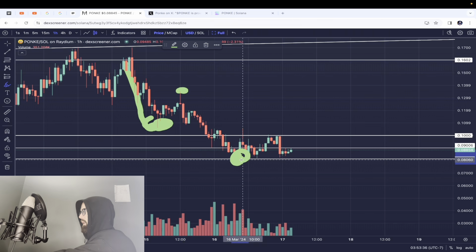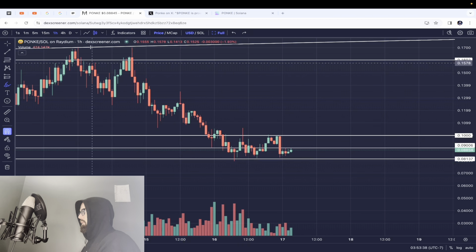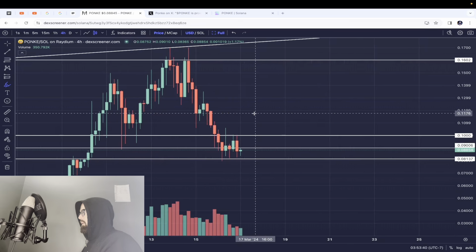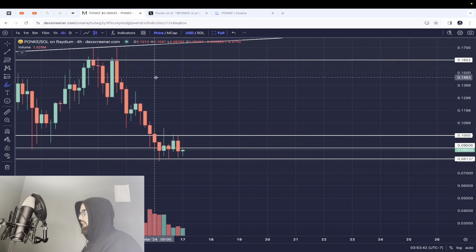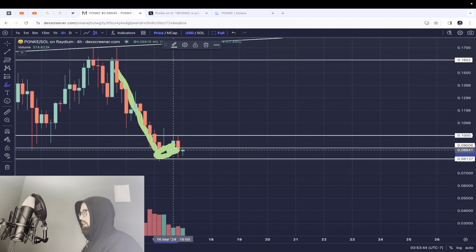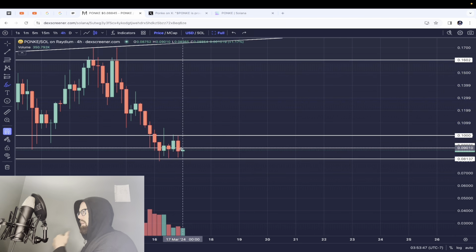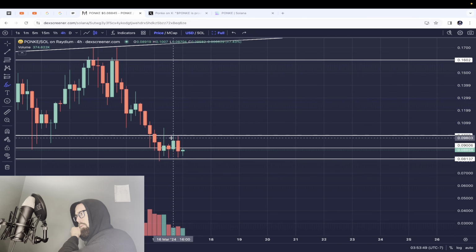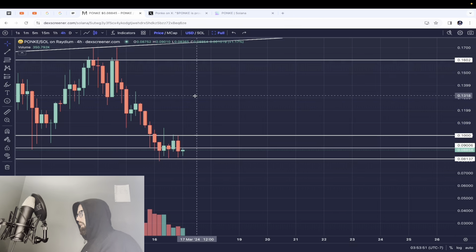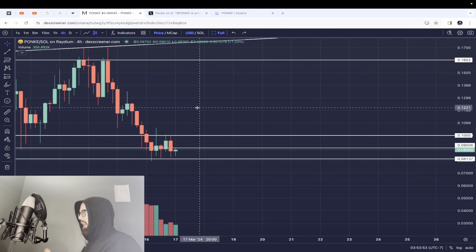And then the lower low right here. If you look at it on the 4-hour, it just looks like it went straight to a lower low right here. So it depends on what time frame you're looking at. I like to look at the 4-hour and the daily, unless I'm doing an entry or an exit. And that's for a lot of tickers or even stocks. That's the way I used to do it as well.